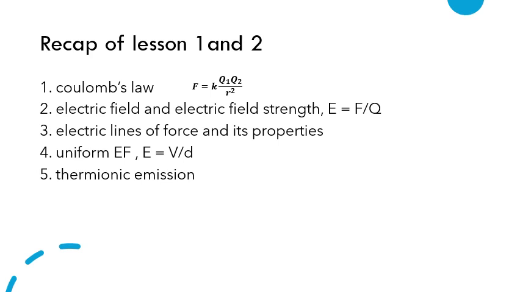We know that there are two types of electric field, which are uniform electric field and radial electric field. Out of these two, we had a detailed discussion on uniform electric field in the previous class. In addition to these topics, we had discussed thermionic emission also.